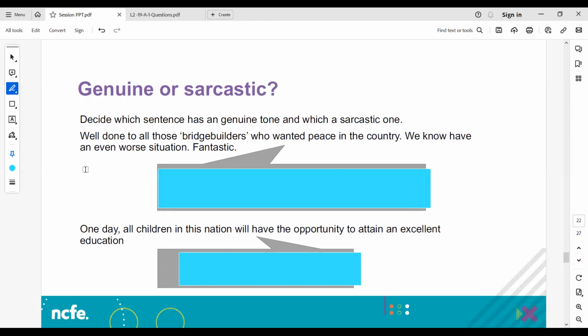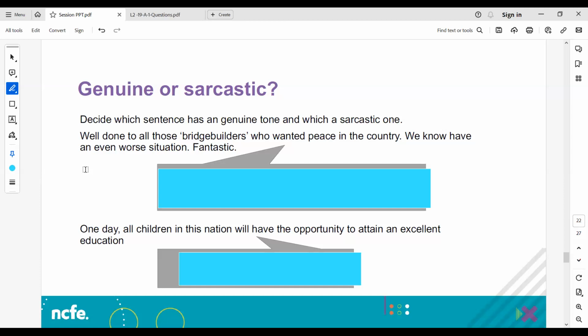We now have an even worse situation. Fantastic. And number 2, one day, all children in this nation will have the opportunity to attain an excellent education. So which one's sarcastic, or we can also say it's quite rude, because sarcasm is usually quite rude.